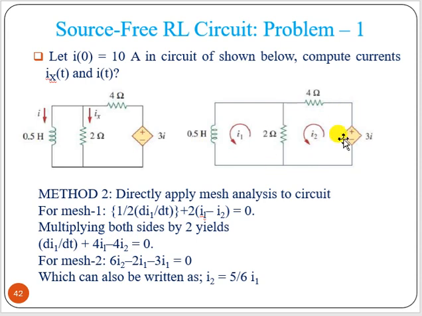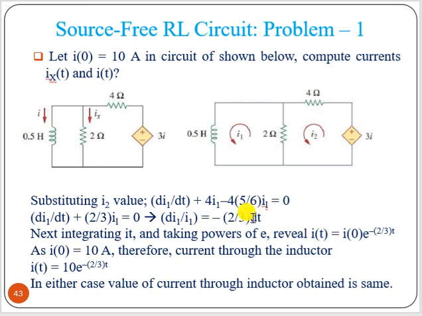For mesh 2, we can write 4 plus 2, 6I2 minus 4 minus 2I1, minus 3I equal to 0. From this we can write I2 equal to 5 by 6 I1.